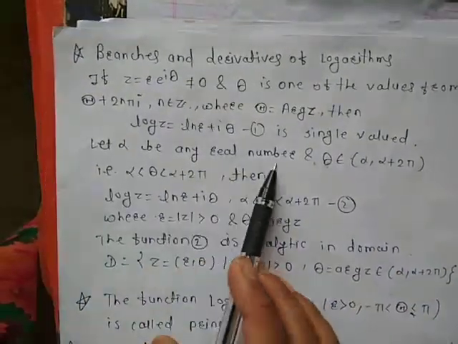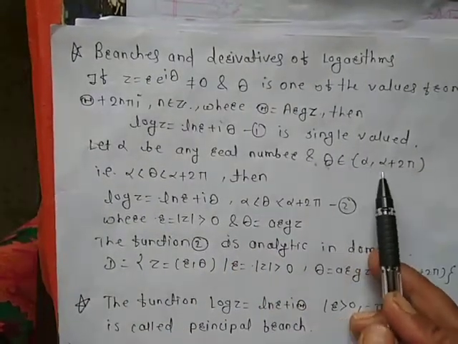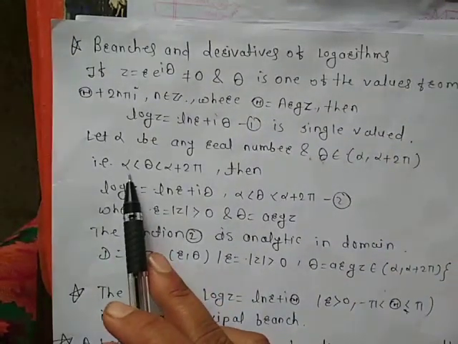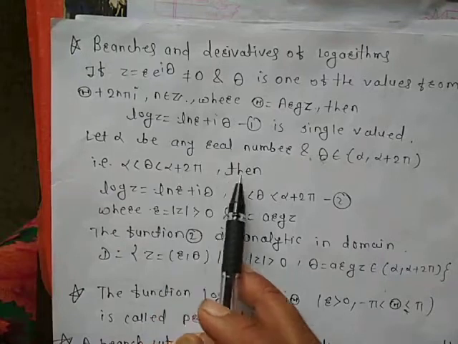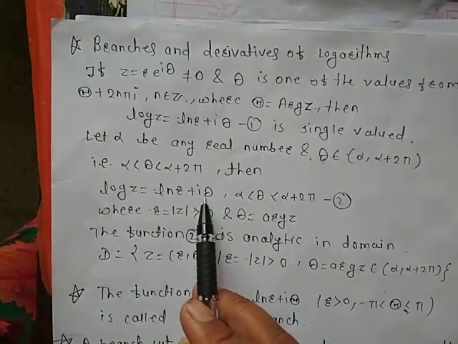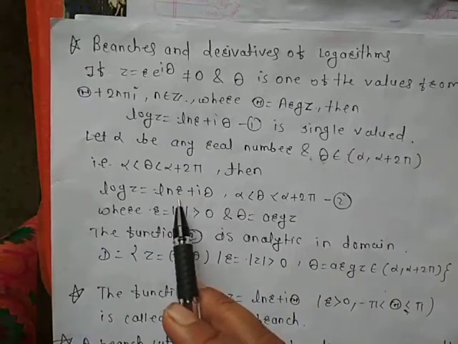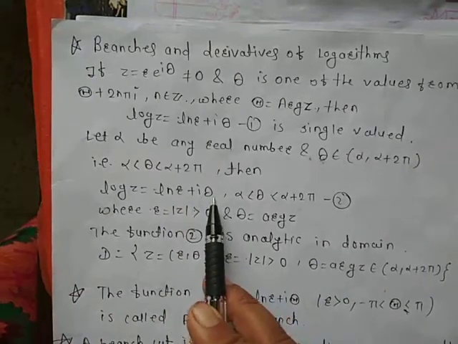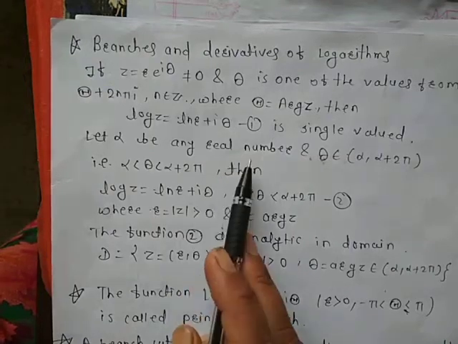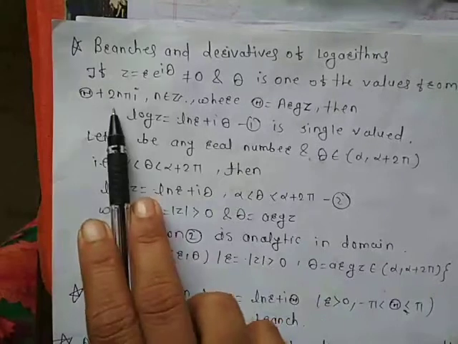Let alpha be any real number and theta belongs to the open interval alpha comma alpha plus 2 pi. This means your theta lies between alpha and alpha plus 2 pi. Then log z is equal to ln r plus i into theta. We have just seen this: log z can be written as ln r plus i into theta, but here theta is only one of these values.